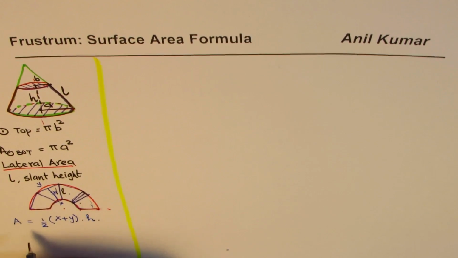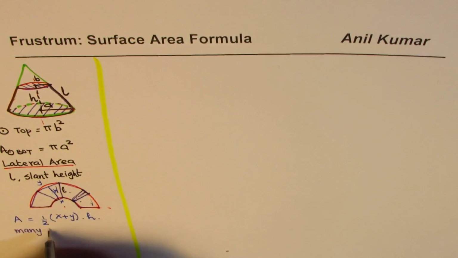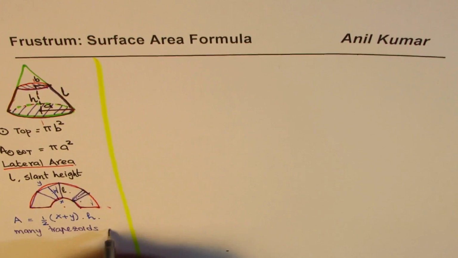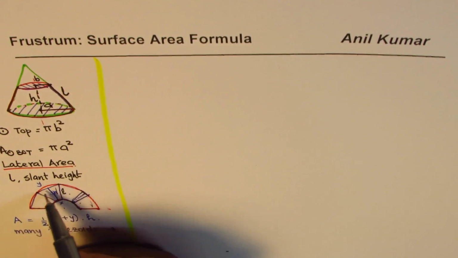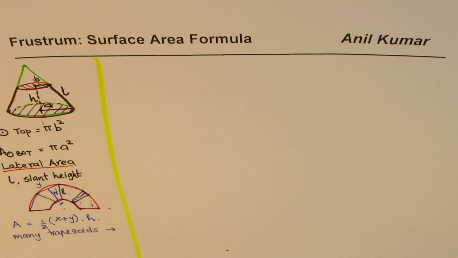So then if I say that there are many trapezoids, then what happens is we get a continuous band and we get the area of what we need. You get the point, right? So that is the approach for finding the formula, correct? So let's get back to this once again.